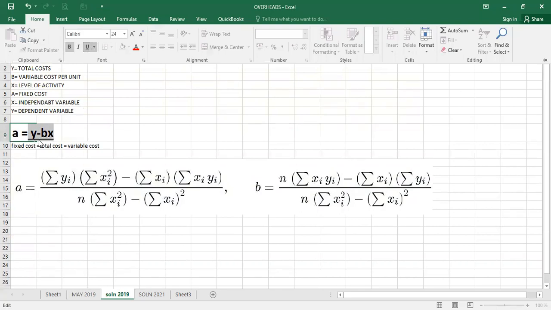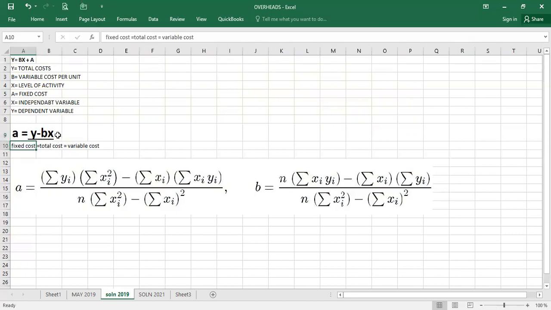We can put this one in a bracket. Then we say divide by n.